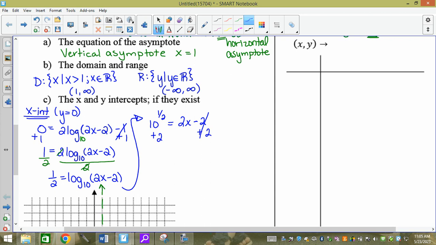So I get square root of 10 plus 2 equals 2x, and then I divide by 2. If they want an exact value, this is the exact value of your x-intercept. So it'd be root 10 plus 2 over 2, and 0. If they ask for it as a decimal, we just type it in: 2.58 and 0.